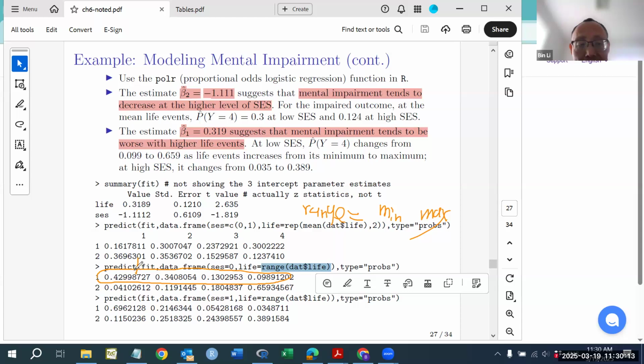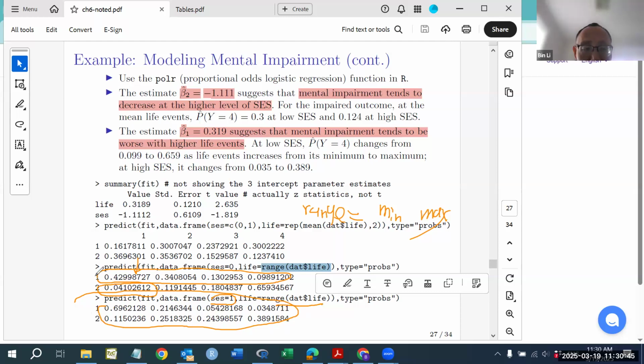So that's why this one is high. But this one is the maximum. Although with the same socioeconomic status, this person faced lots of challenges in life, so that's why the chance of being well is much lower. Okay, but the last two are for the SES is high, still comparing the minimum and the maximum for the life event index.